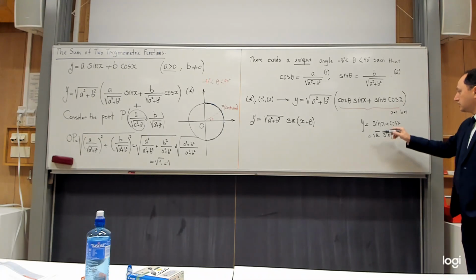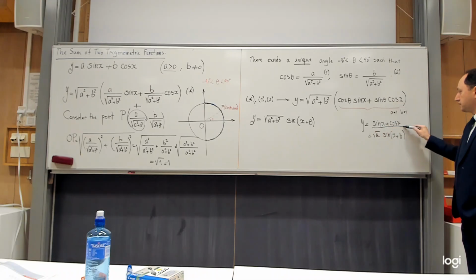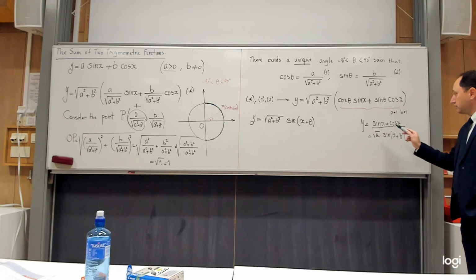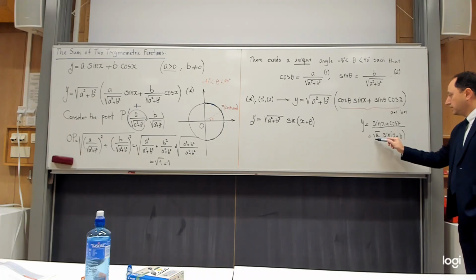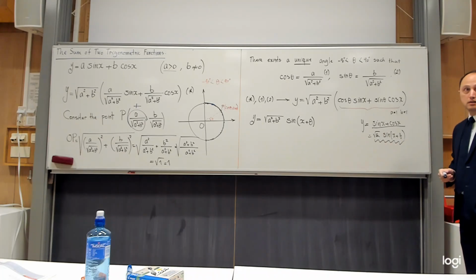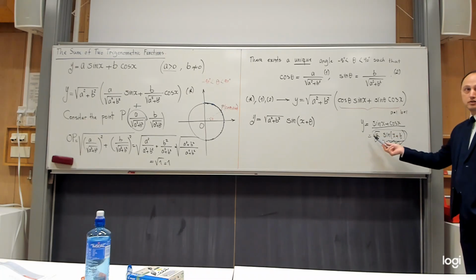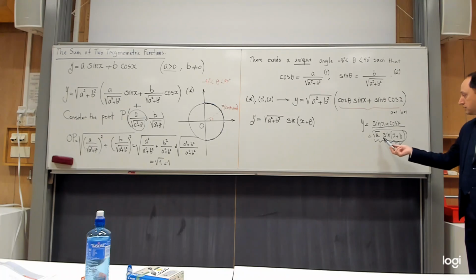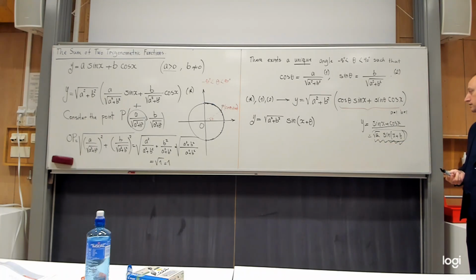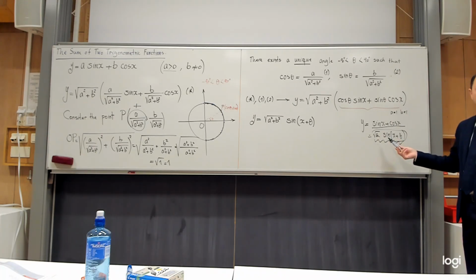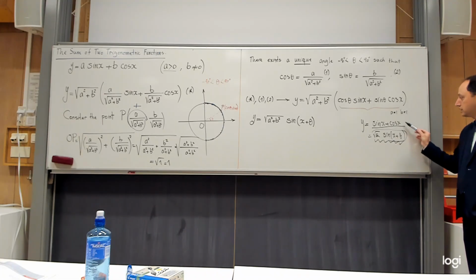Now if I ask you the maximum of this function, instead of answering the question here, you can answer the question here. Yes? Do you remember, if I ask you what is the maximum of this function, what is the amplitude of this function? What is the amplitude? The square root of 2. So the maximum is the square root of 2. But this function is this function.